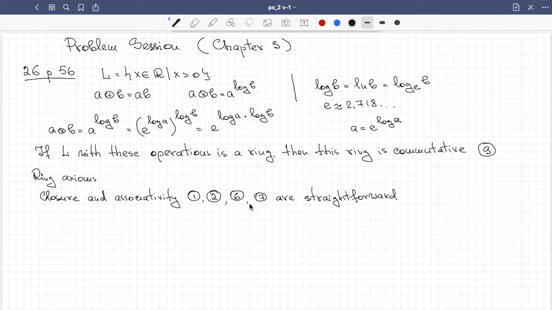Associativity, 6 and 7, comes from associativity of multiplication and multiplication of logs. So all is straightforward; you write this operation and the multiplication better in this form. You check the closure and associativity.